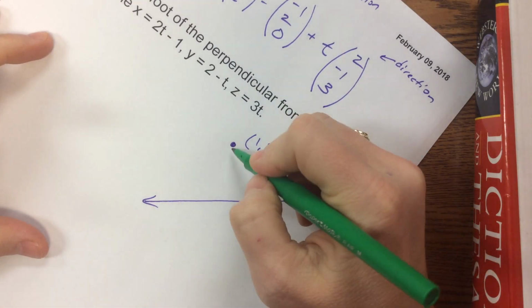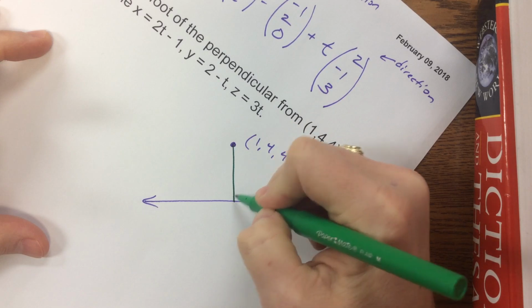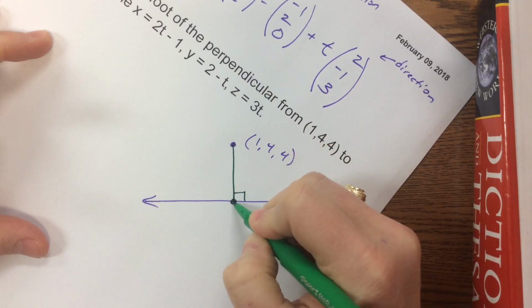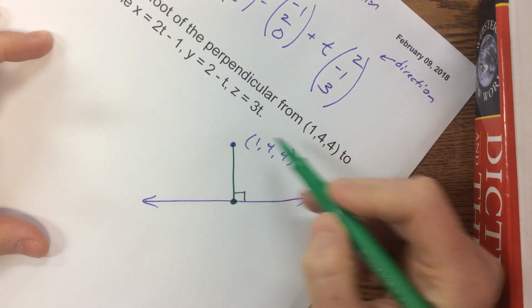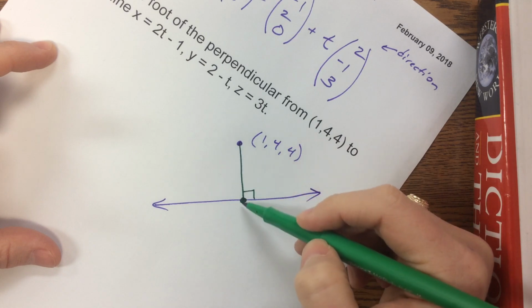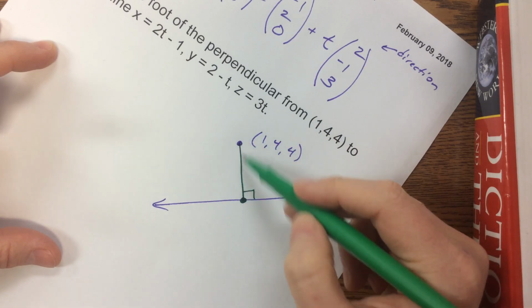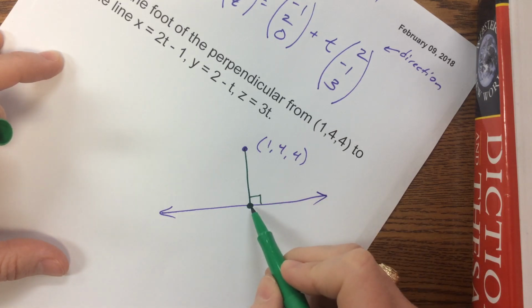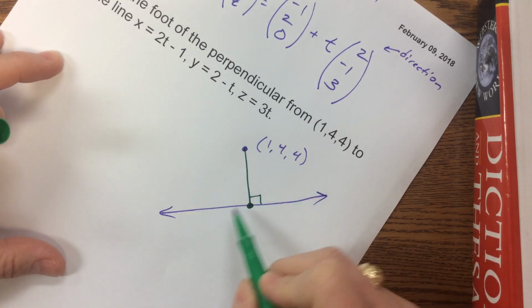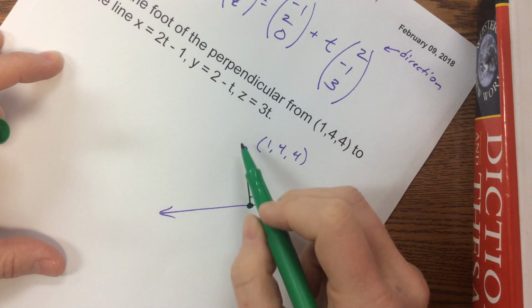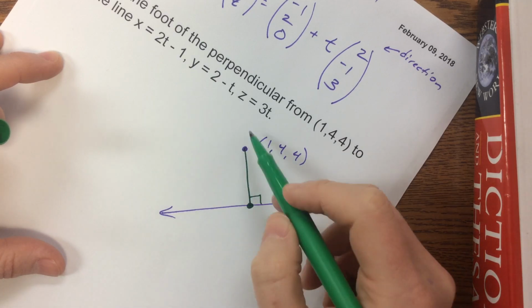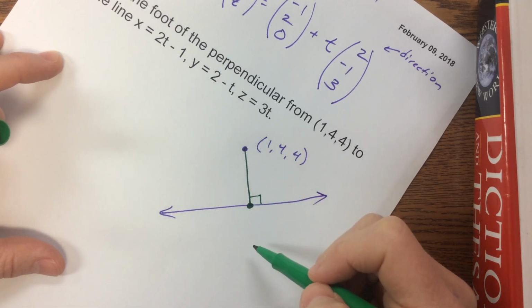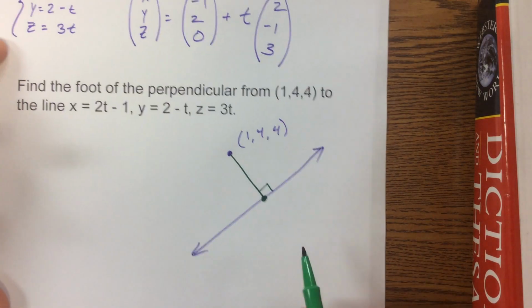What are the coordinates of the point on the line where I can get from that point to the line in the shortest way possible, perpendicular to the line? What's the point on the line that makes a perpendicular segment from that other point? Hopefully that's somewhat clear.